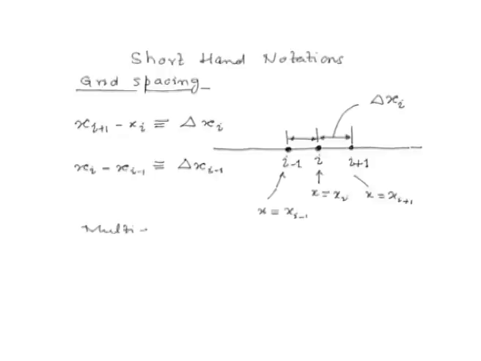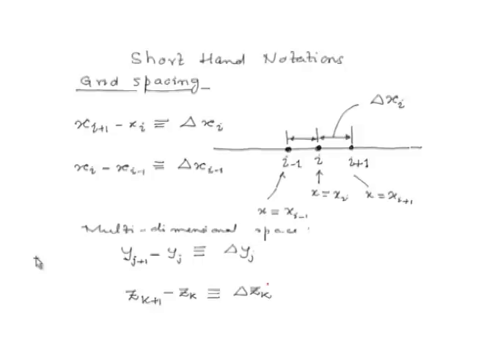In the other two directions, we will use the symbol j to denote our y lines. So, yj plus 1 minus yj, this grid spacing would be denoted by delta yj, and let us use subscript k to represent an index in the z direction. So, zk plus 1 minus zk, we would use the shorthand notation delta zk.